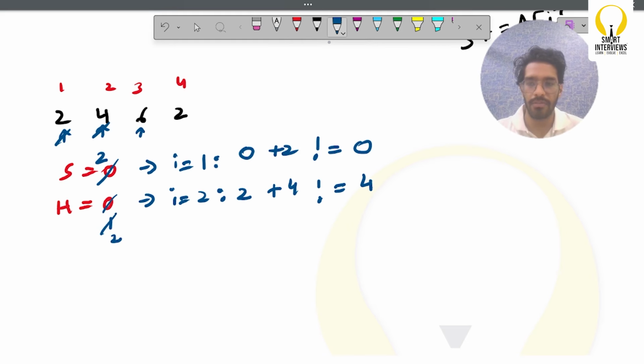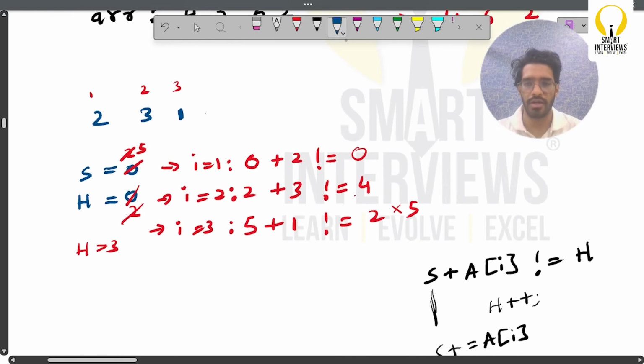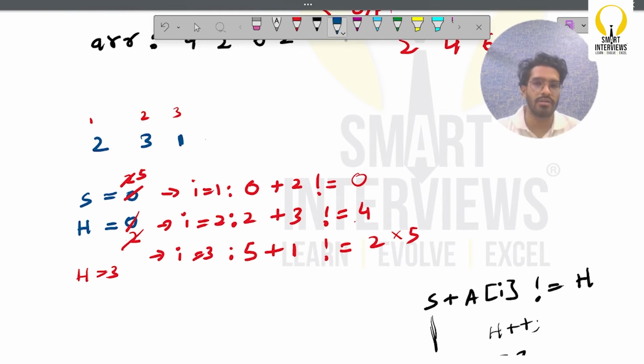Before moving forward, let's update the sum value to 2 plus 4, which is 6. And if you continue this order, you should be getting the h value as 4, which is the most optimal happiness value that you can get. So they are expecting us to provide this kind of rearrangement. If you understood the problem statement and the examples, you can pause the video and try to think how you can solve this problem.